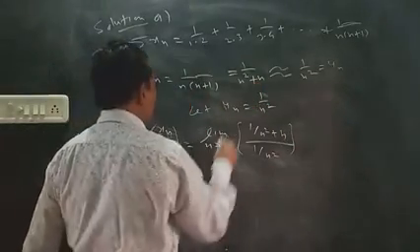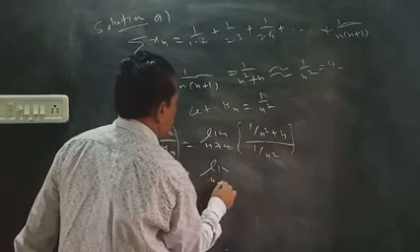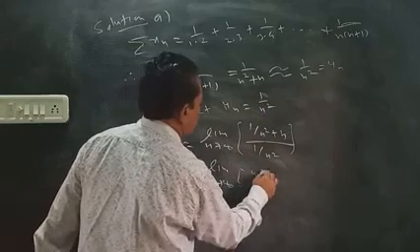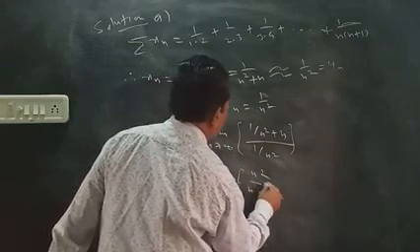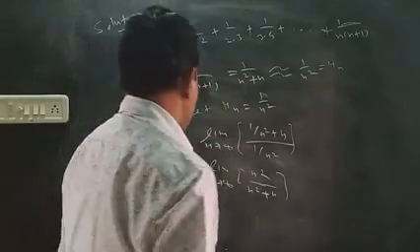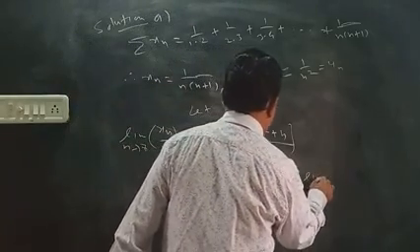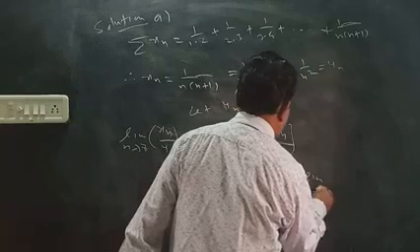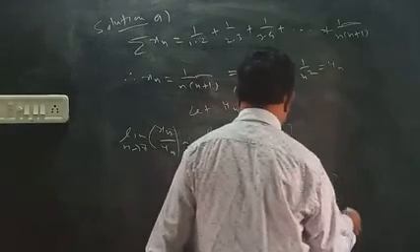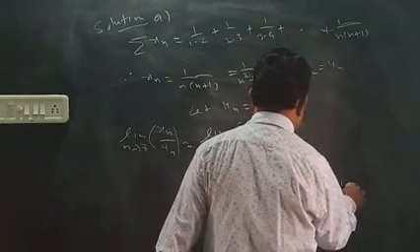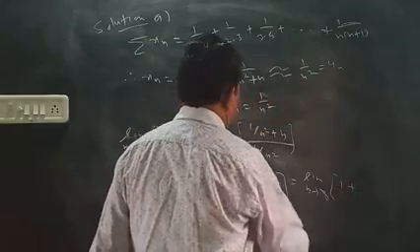So this comes to numerator n square and denominator n square plus n. Separate this upon this: 1 and this n.